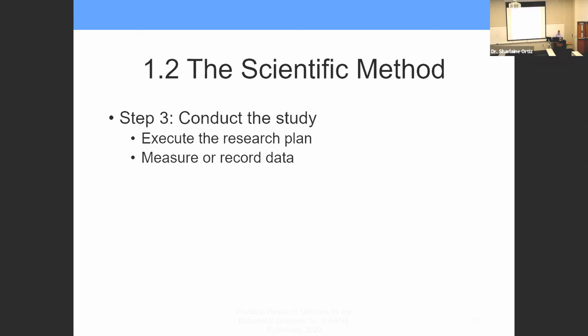One of the things that we need to consider when we are executing the research plan is not only do we need to worry about the definition of that variable, but something really interesting is that participation must be voluntary. What? It has to be voluntary.